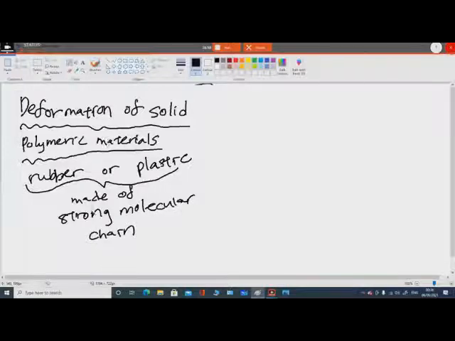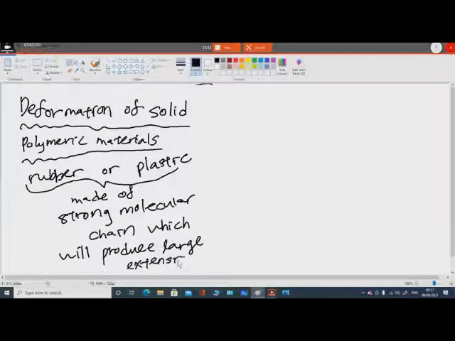Its molecule is a chain molecule, which will produce a large extension. Oops, this one is not plastic.